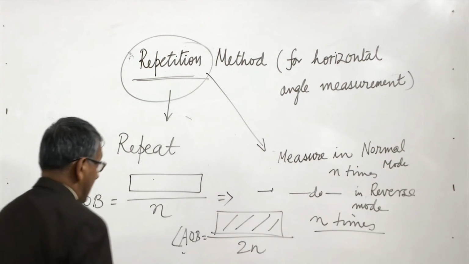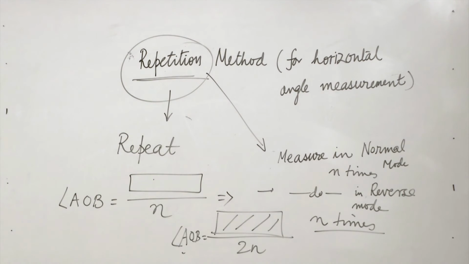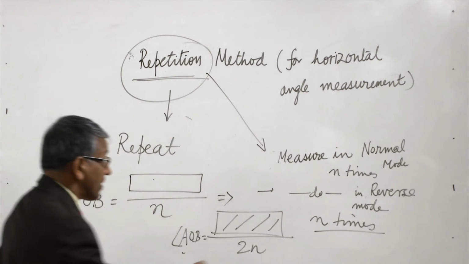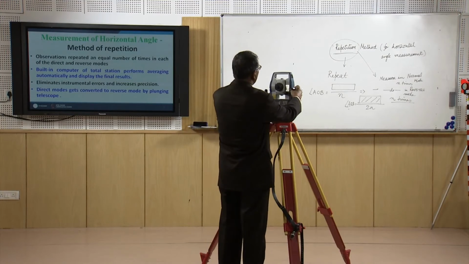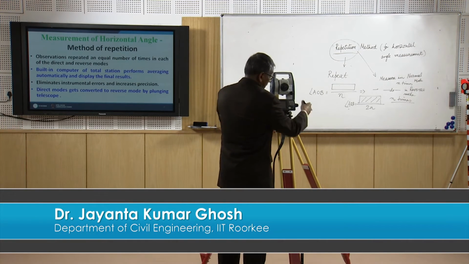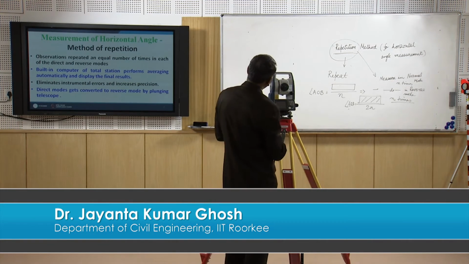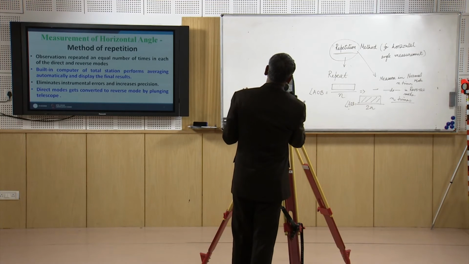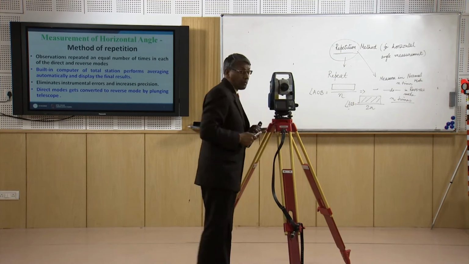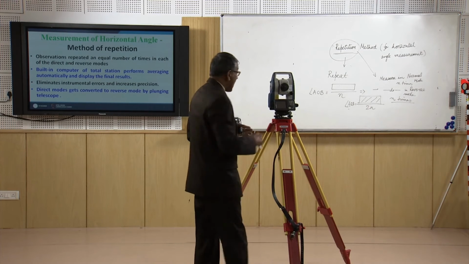So now what is normal mode and reverse mode? Normal mode is that measurement whenever we make use of the instrument, if we maintain the vertical circle to the left of the observer, that is called normal mode.